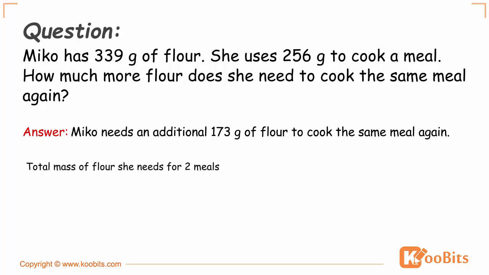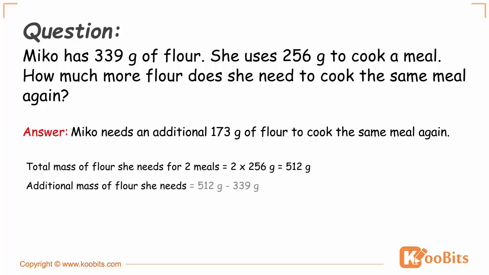The total mass of flour she needs is equal to 256 grams multiplied by 2 equals 512 grams. Hence, the additional mass of flour she needs is equal to 512 grams minus 339 grams equals 173 grams.